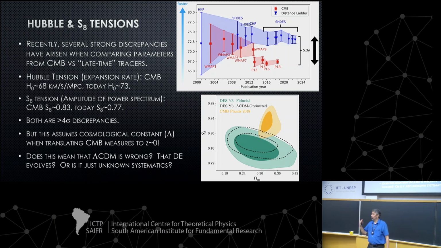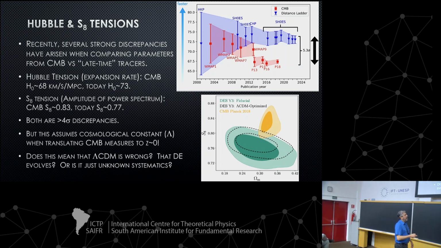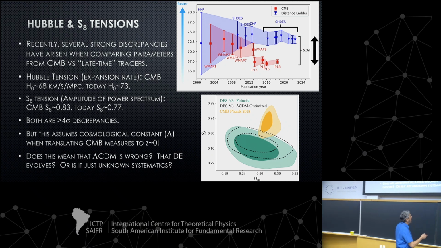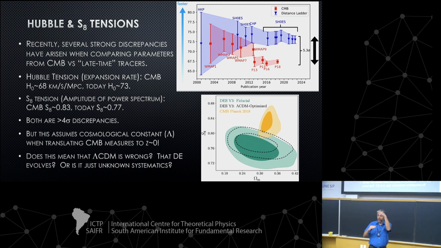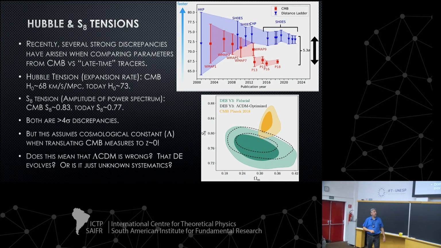This is one of the latest cosmology surveys. And this is what they get. This is the CMB data. It measures a high amplitude, and the galaxy data measures a lower amplitude, right? And again, that's more than 4 sigma discrepant.